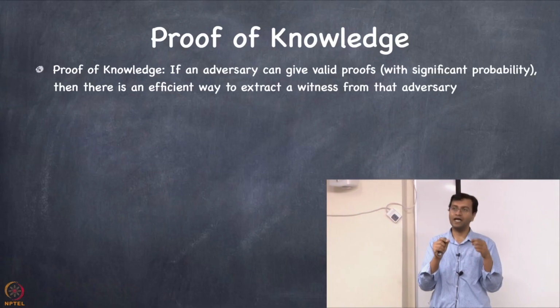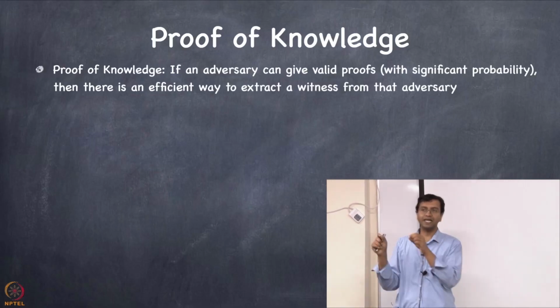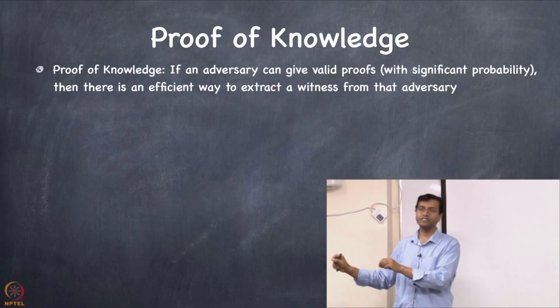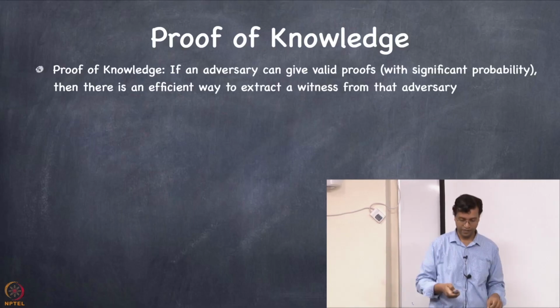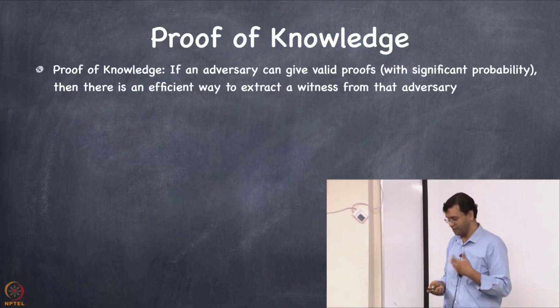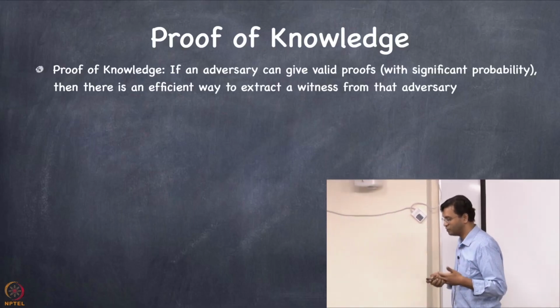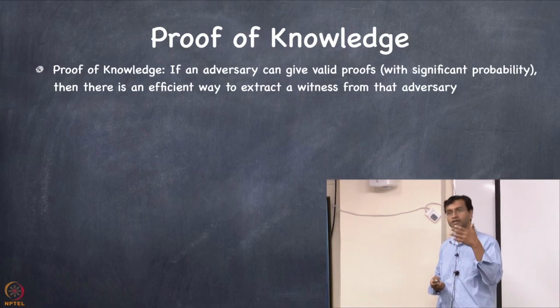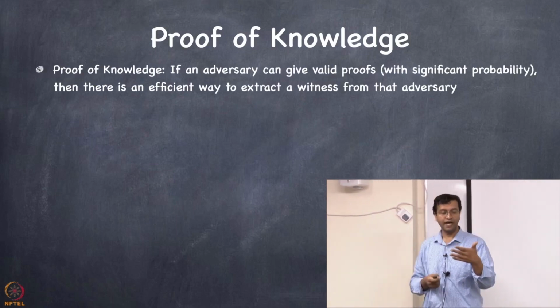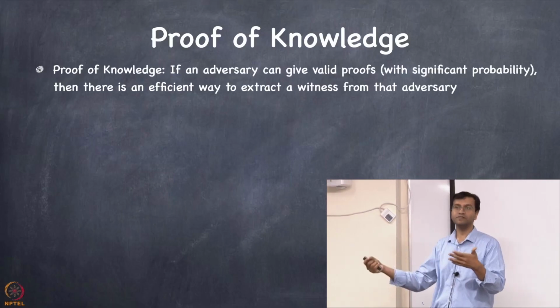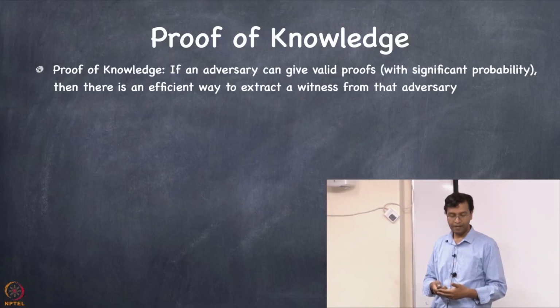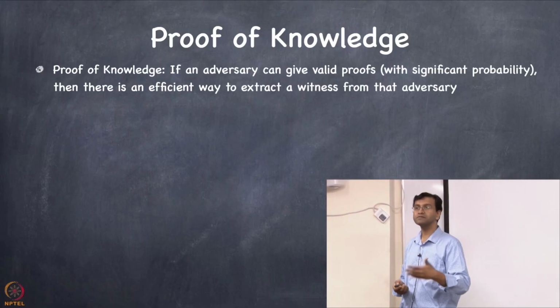But there is some efficient algorithm that can extract that and write it down on the side. That's what it would mean for an algorithm to know something: you can look at that algorithm and there's some way to extract this information from it. Maybe by running this algorithm many times.